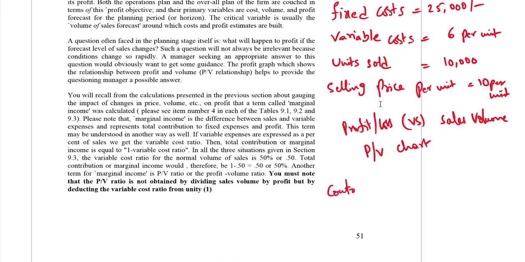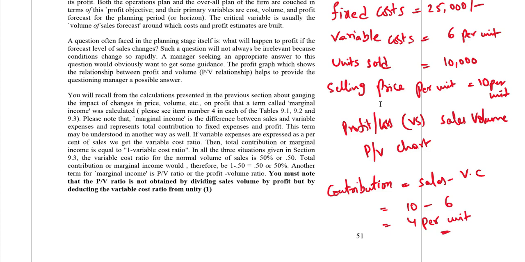In the previous videos we have seen contribution is sales minus variable cost. Sales per unit is 10 rupees, variable cost is 6 rupees per unit. 4 rupees per unit is the contribution. This means each unit is contributing 4 rupees as a profit to the business.